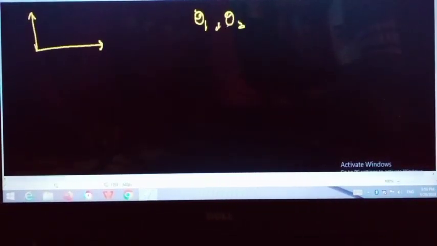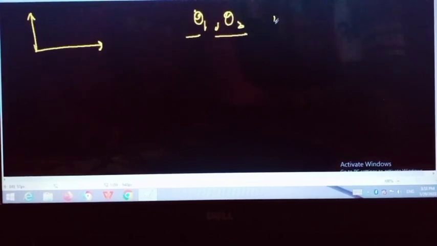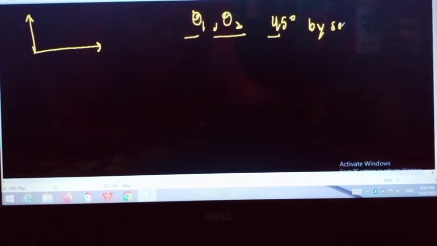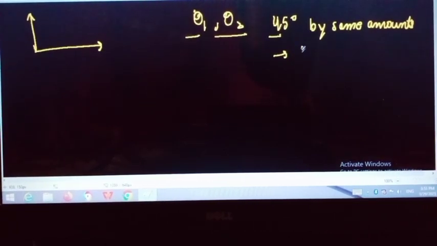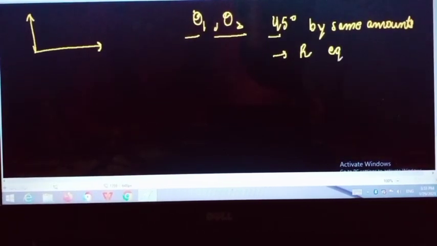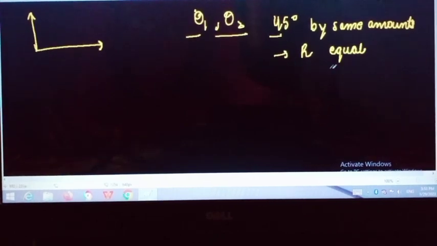Galileo in his book described that the two angles theta 1 and theta 2, which differ from 45 degree angle by the same amounts, have their range equal. So let's code it in mathematical form.